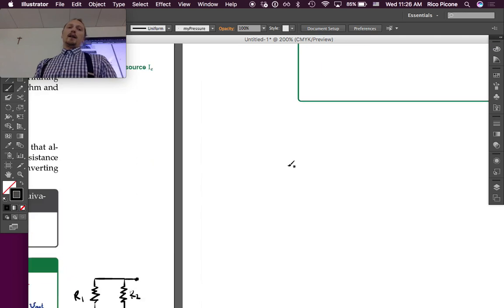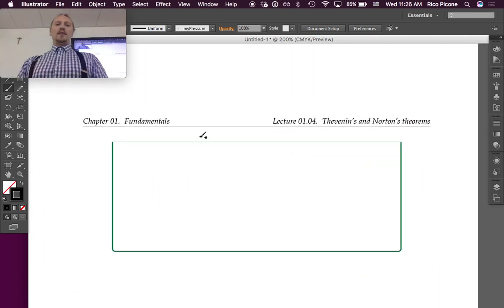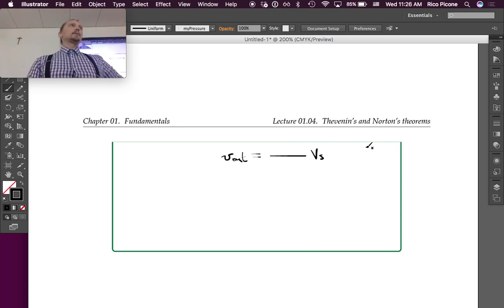So our formula says that V out is equal to, and then we know it's going to be a ratio of resistances times Vs, the input voltage, right? What is that ratio of resistances for this circuit?